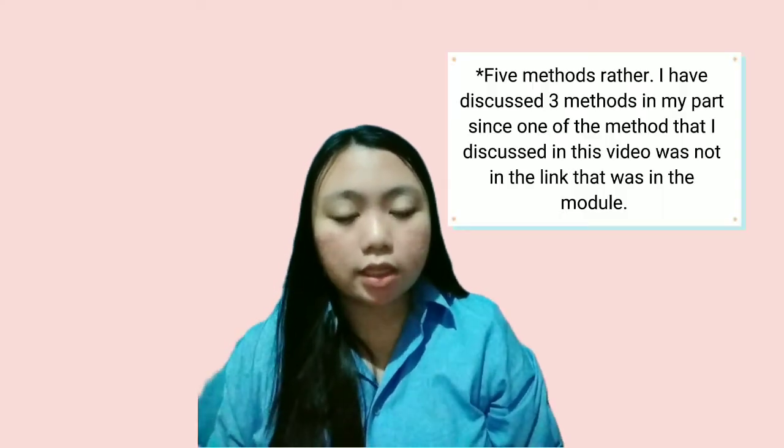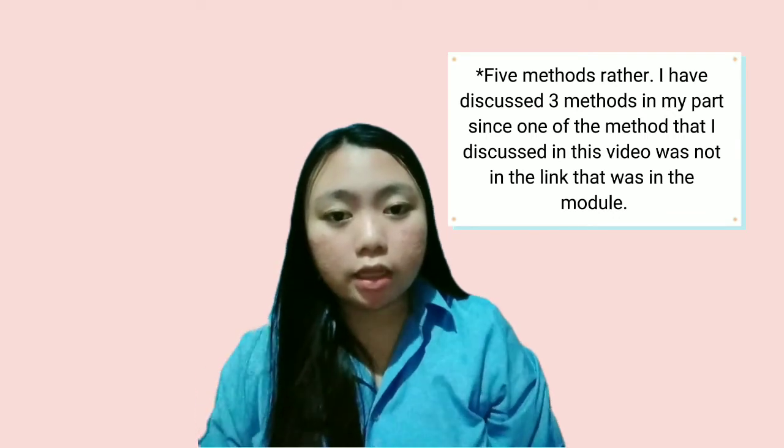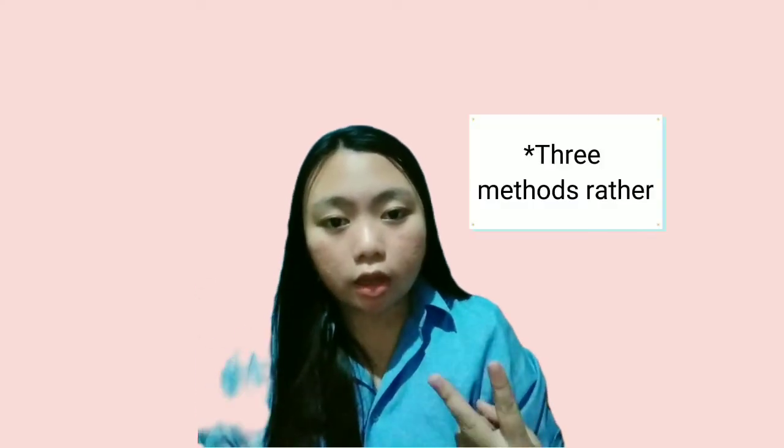I have mentioned in the earlier part of this video that we will be discussing the four methods of calculating the reliability of an instrument. In my part I will be discussing two of the methods, and the other two will be discussed by my partner.